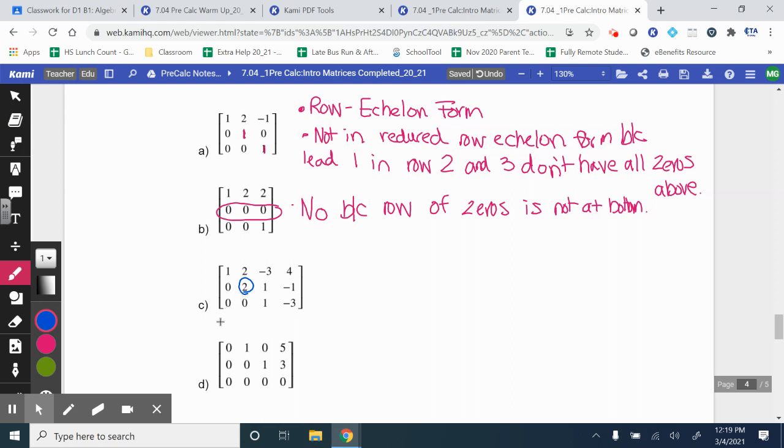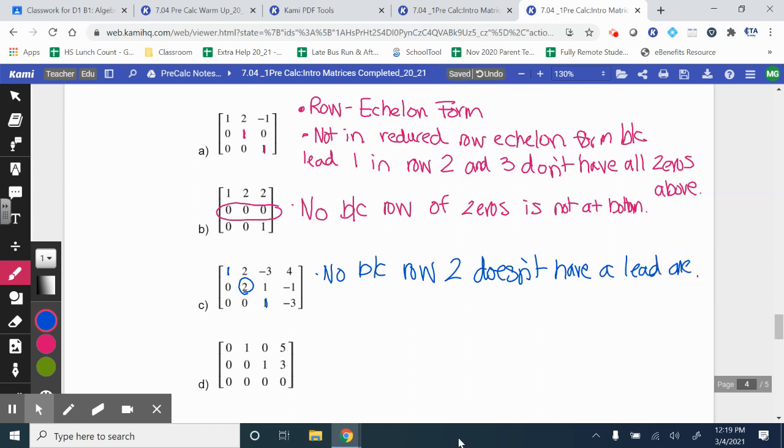And when that happens, the first number must be a 1. So see, it's a 1 here and it's a 1 here. But in the second row, it's not a 1. So that means it is not in row echelon form. So that's because row 2 doesn't have a lead 1.